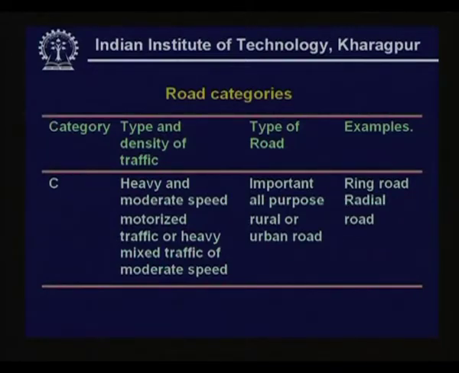These could be important urban roads or rural roads, and in fact these come under what we call ring roads. We do have ring roads in all cities so that they do not interfere with the local traffic within the town, and they basically connect the major points.